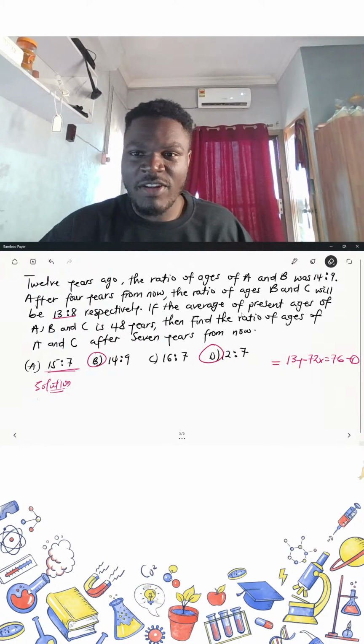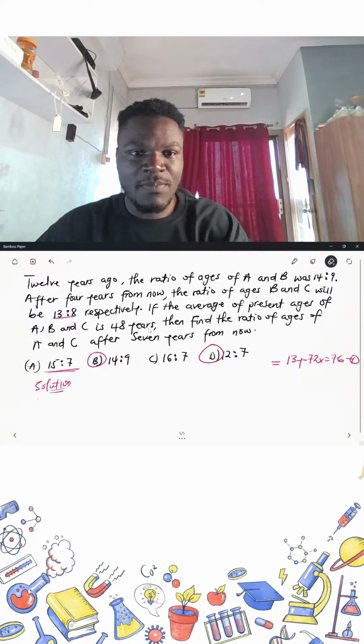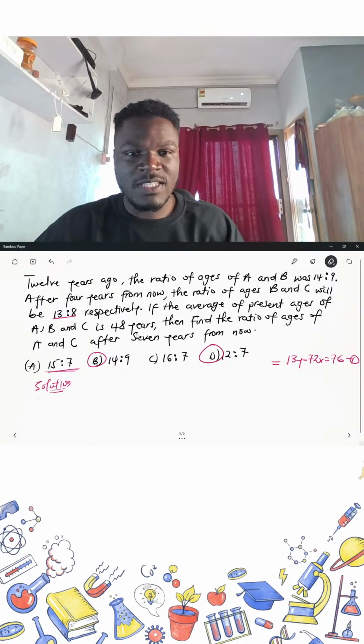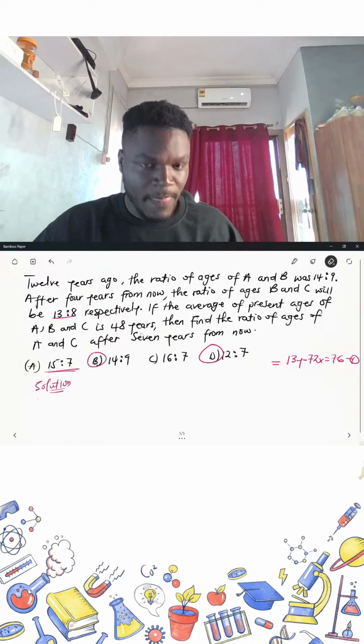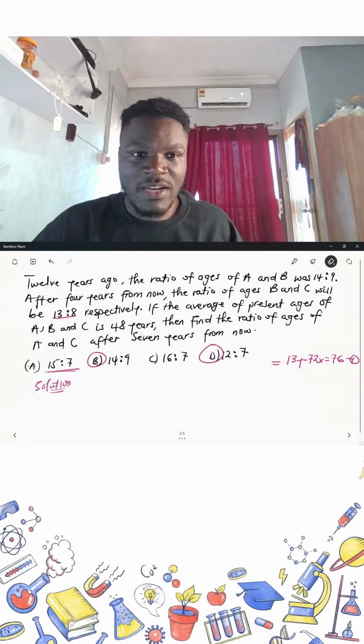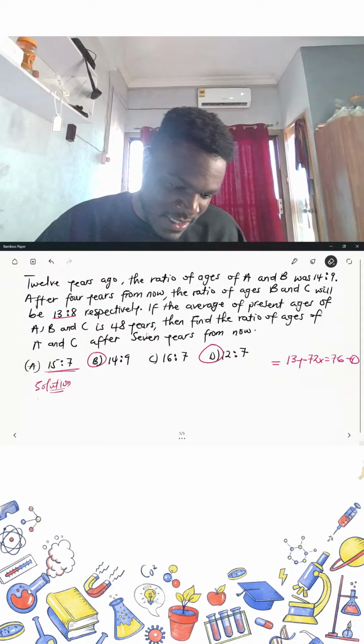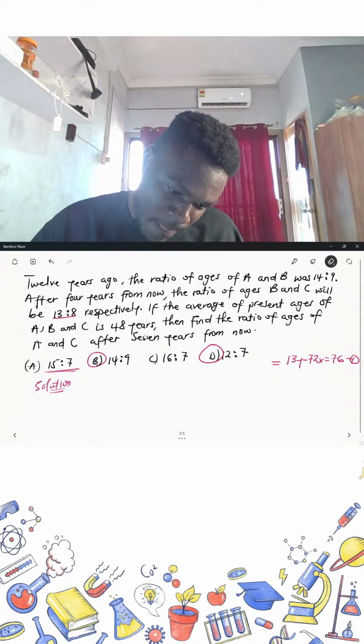So they are saying if the average of the present ages A, B, and C is 48, the average, are you okay, is 48, then find the ratio of A and C 7 years from now.